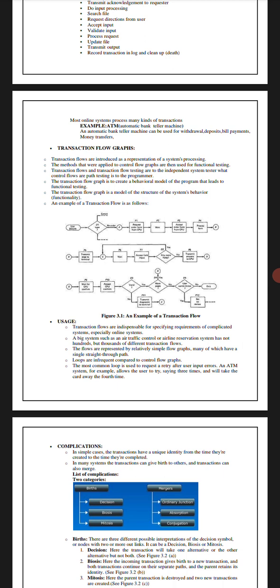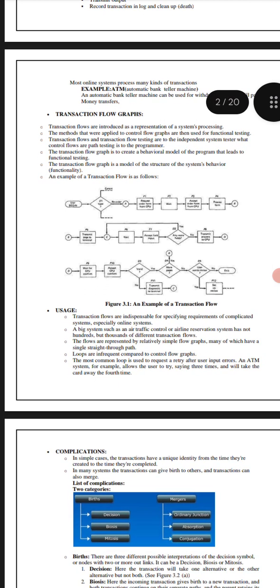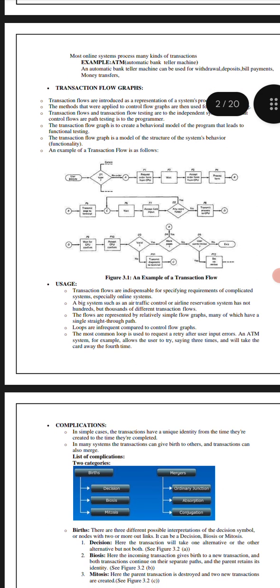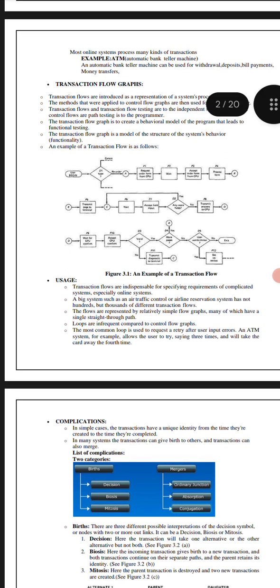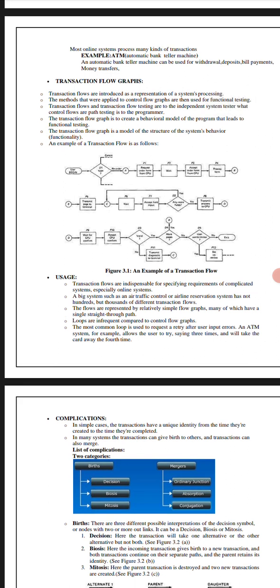Usage. Transaction flows are indispensable for specifying requirements of complicated systems, especially online systems. A big system such as an air traffic control or airline reservation system has not hundreds but thousands of different transaction flows.